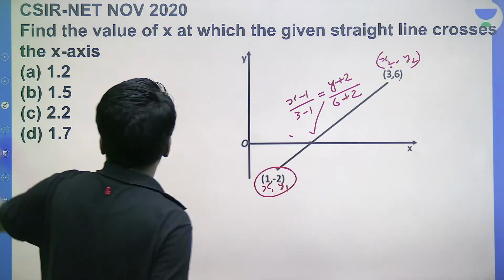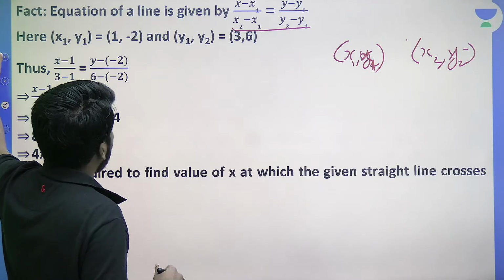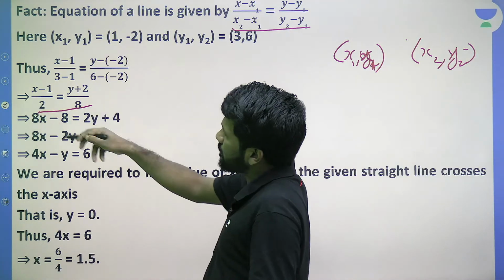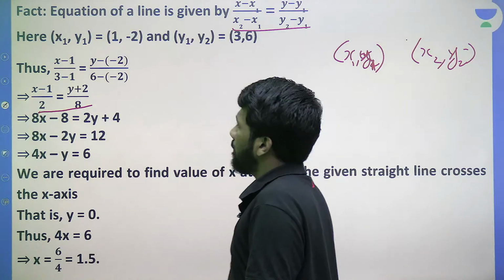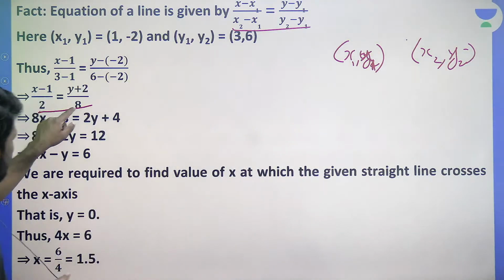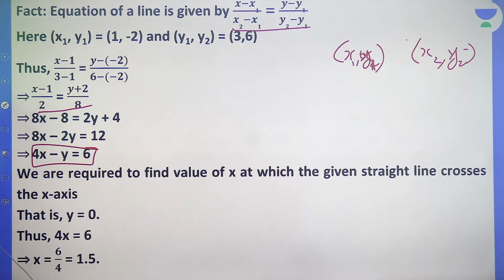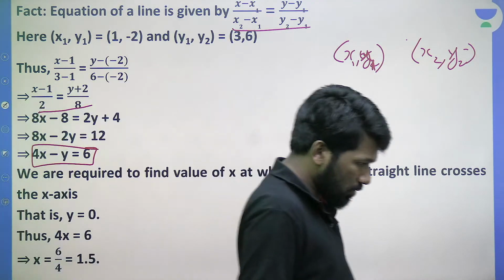Did you all understand this much? When you simplify, you will get x minus 1 by 2 equal to y plus 2 by 8. You are just cross multiplying and simplifying. Finally, you will get 4x minus y equal to 6. Please respond. Is it clear? All of you respond.